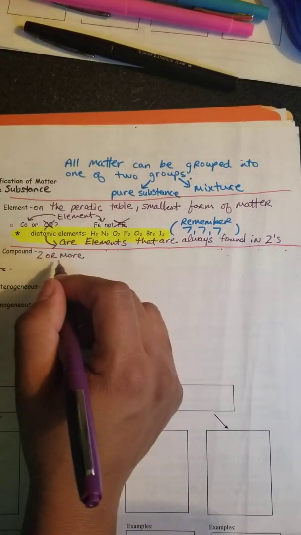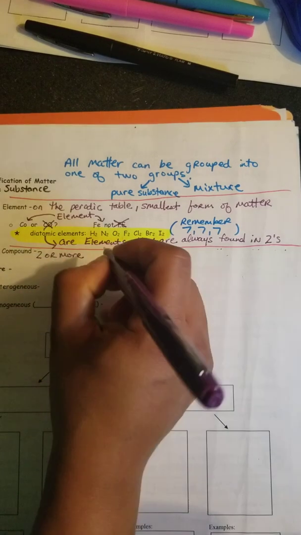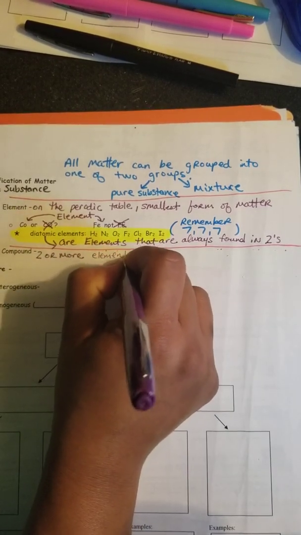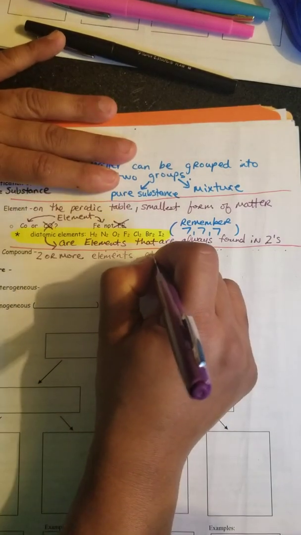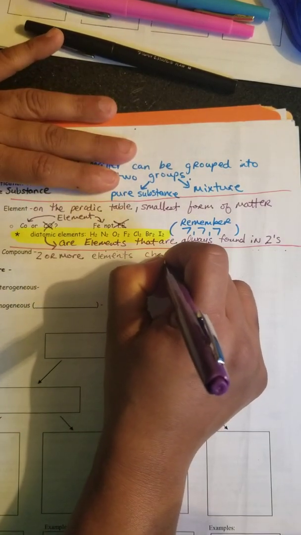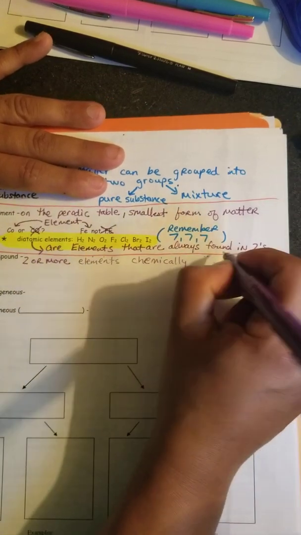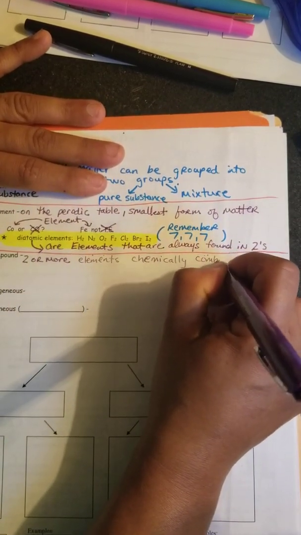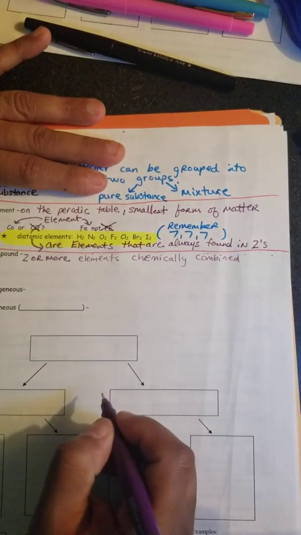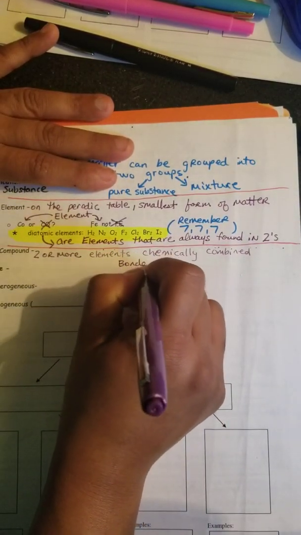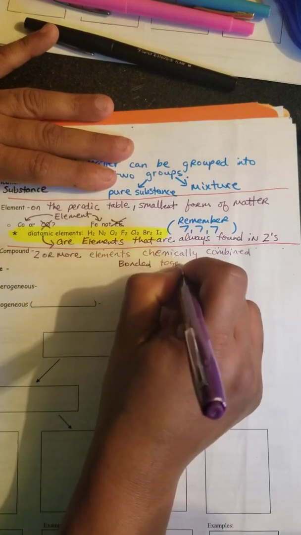A compound is two or more elements that are chemically combined. They are bonded together.